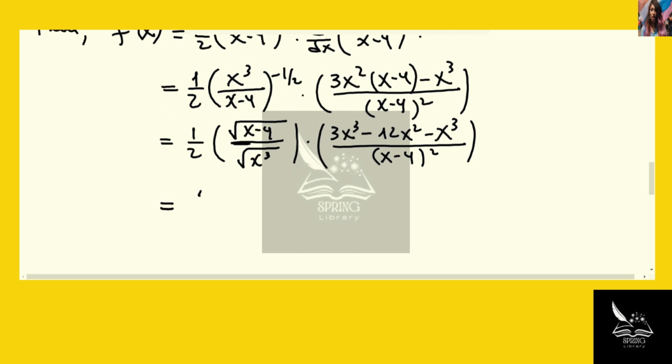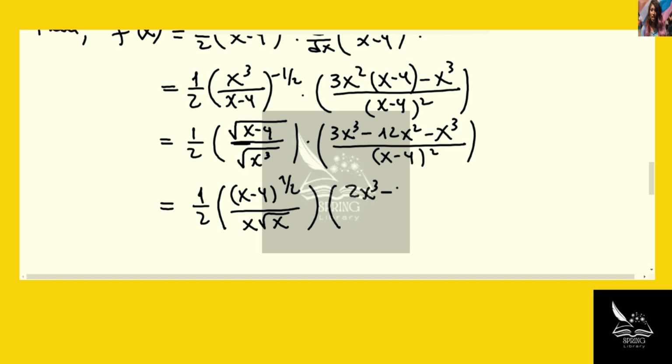And so this is 1/2 times x minus 4 to the 1/2 times, this can be written as x square root of x, because x cubed is x squared times x and we separate the square root, times 2x cubed minus 12x squared over x minus 4 squared.